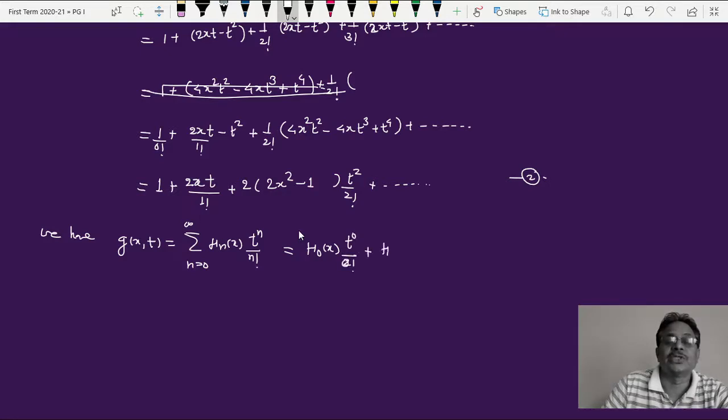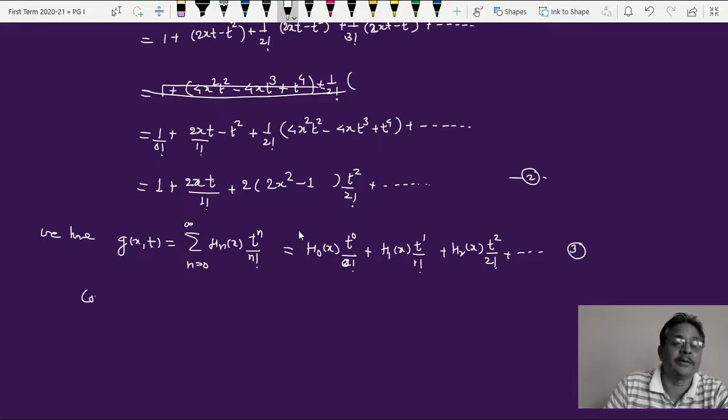Second term is h1 of x into t raised to 1 upon 1 factorial, plus h2 of x into t raised to 2 upon 2 factorial, and so on. This is my equation 3. So here t raised to 0, t raised to 0, t raised to 1, t raised to 1, t raised to 2, t raised to 2. Likewise, we can compare this.